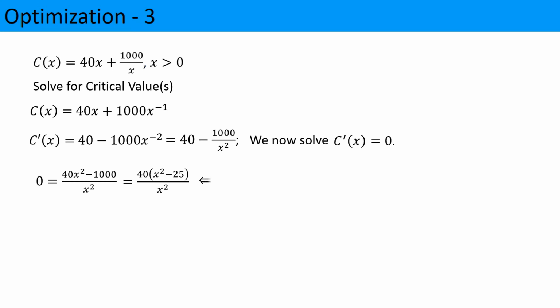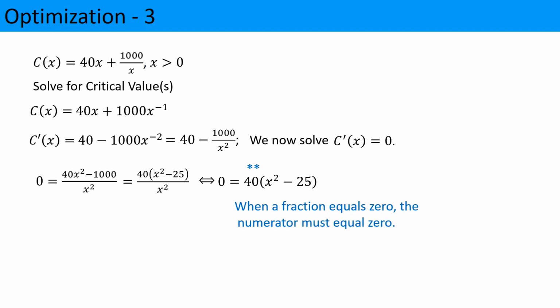Now, we can solve this equation as 0 equals 40 times x squared minus 25. What happened to the denominator? Well, when a fraction equals 0, the numerator has to equal 0. We're not concerned with the denominator here because the domain restriction guarantees that the denominator cannot equal 0. So we'll continue working with the numerator.